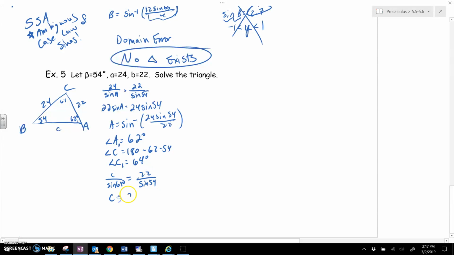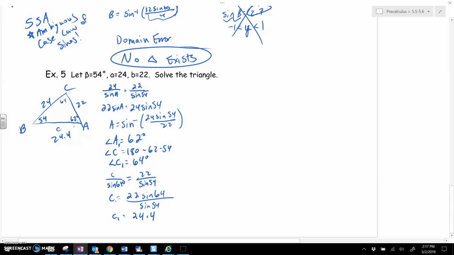So ultimately, I'm going to do 22 sine 64 divided by sine 54. I don't show all my steps anymore. I got that side is 24. So I found all 6 pieces.